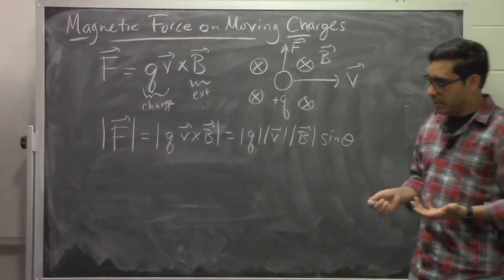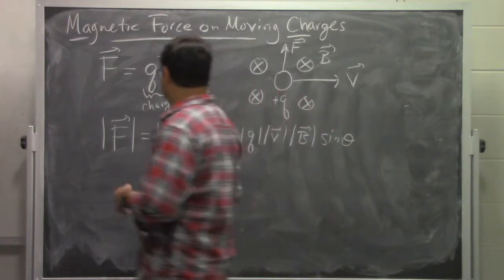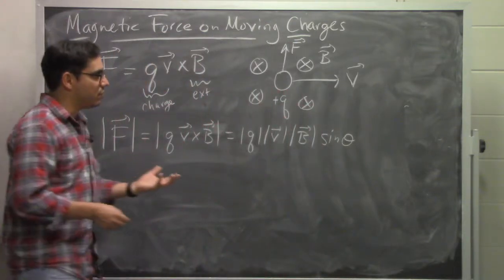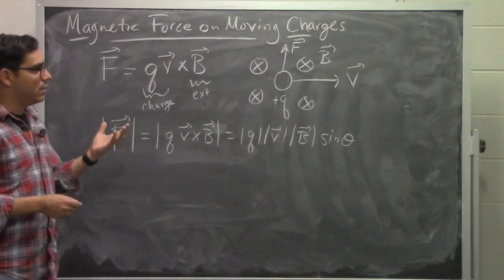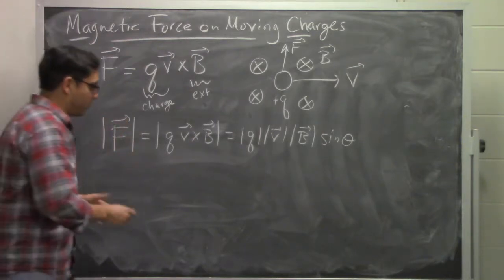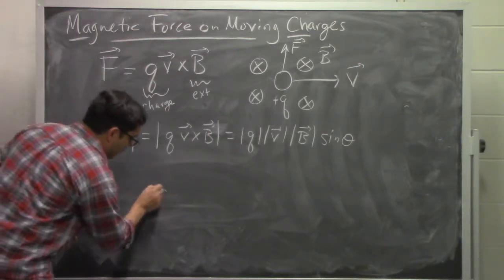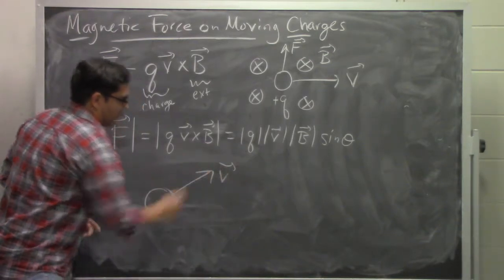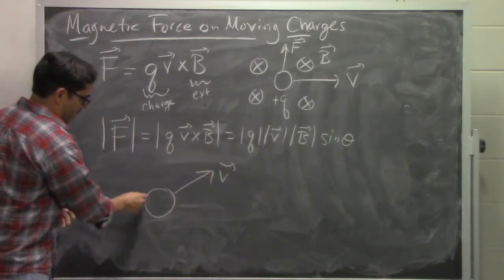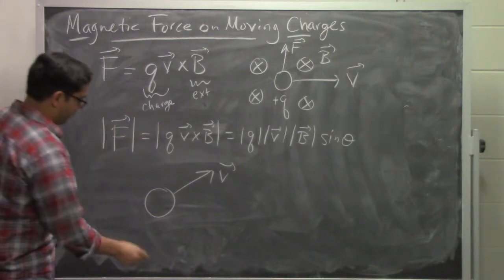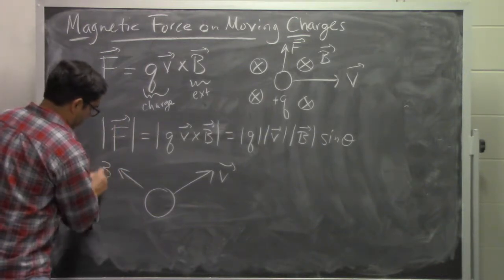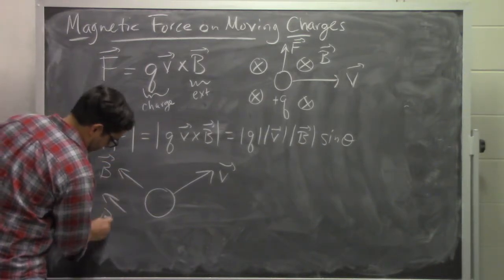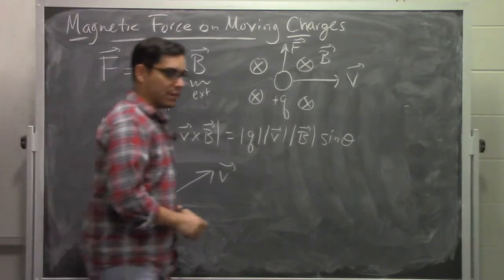So the last thing I want to do is just make sure that we're understanding this direction associated with the magnetic field and the magnetic force. So let's do one more example of that. In this case, we'll have a charge, and it's moving in this direction. And now I apply some magnetic field. Let's say everywhere in space, the magnetic field points like this. So kind of like that, right?